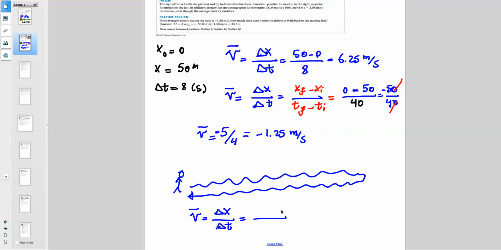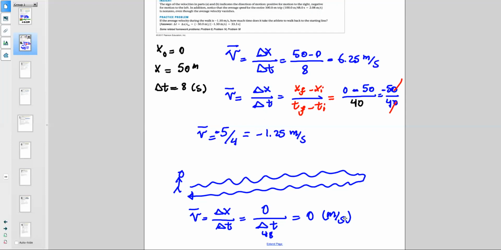Displacement: he started from this point, went all the way, and came back to the same point. The displacement is 0 because the final position and the initial position are the same. Delta t doesn't matter, it's whatever number, which is 48 by the way. So 0 divided by 48 is just 0 meters per second. So his average velocity is 0.